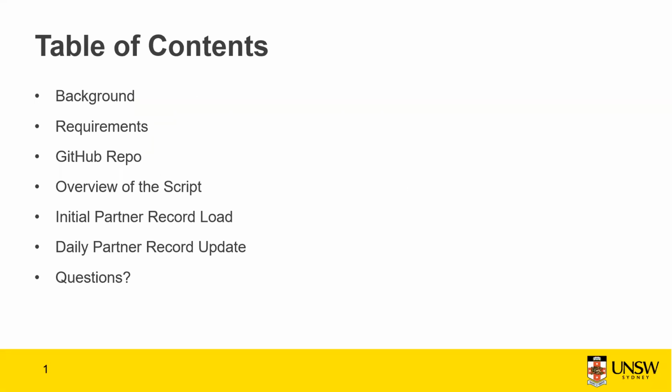I will go through some background of our project, the requirements of the script, where you can download our project files, and a brief overview of the script. Then we will go through the detail of two important components of our script. And finally, we will have some time to answer your questions.